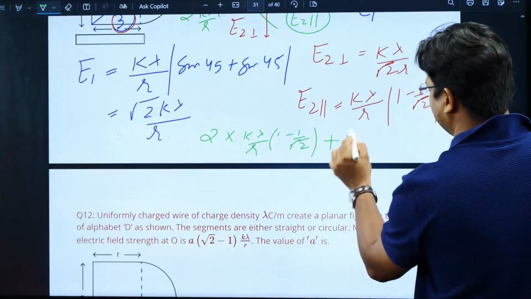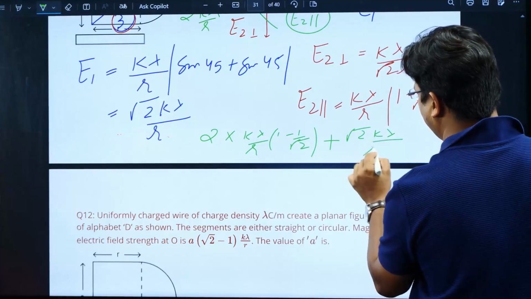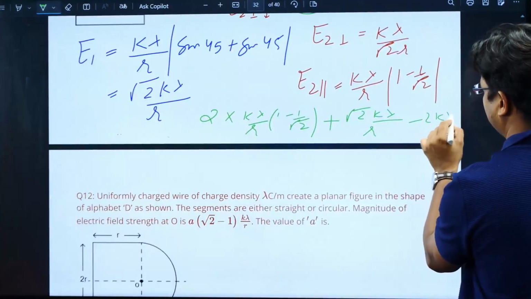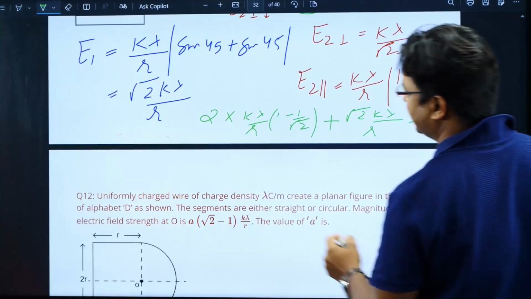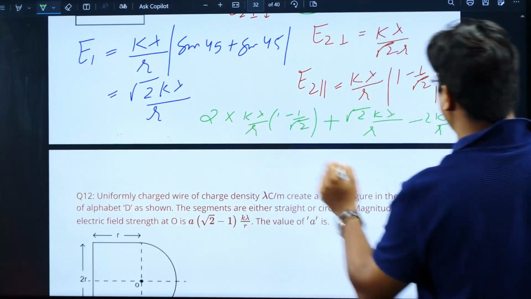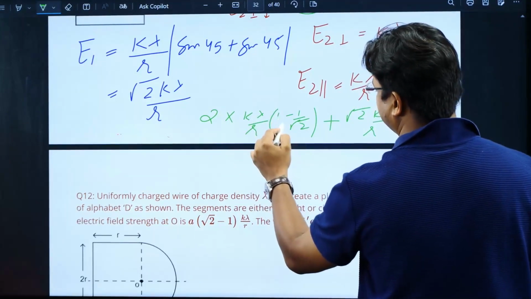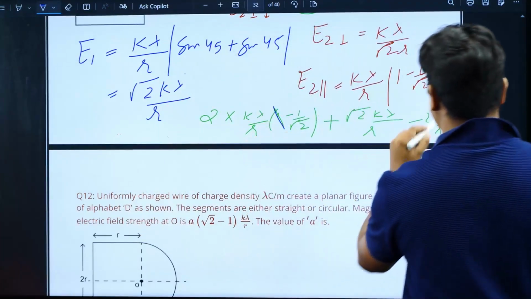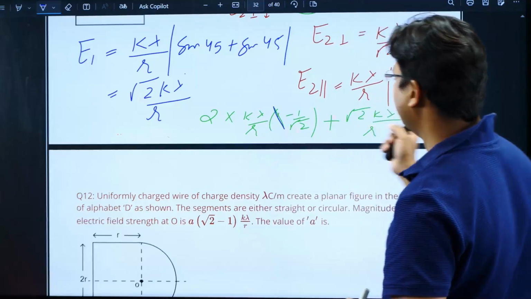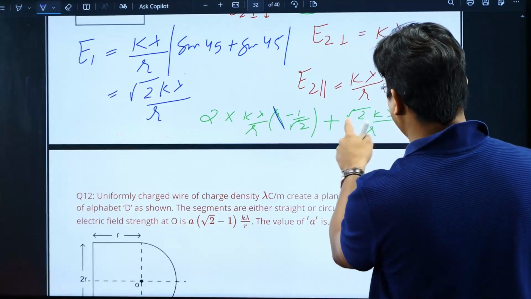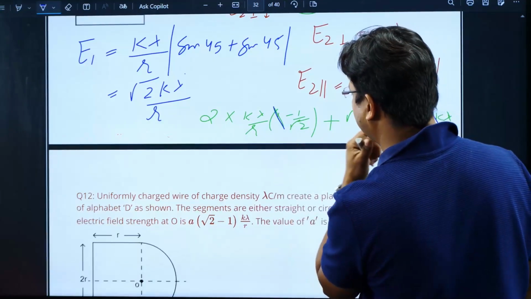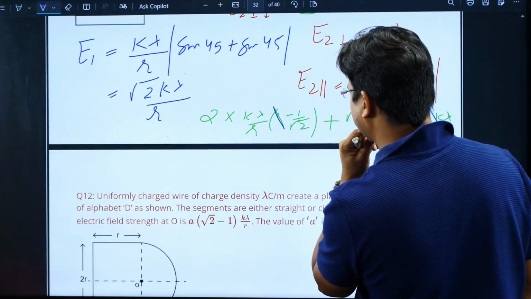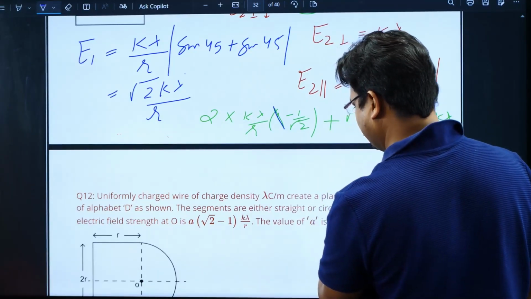E1 was root 2 k lambda by r, minus 2 k lambda by r. So let's finish this calculation. From here we are getting 2 k lambda by r minus 2 k lambda by r root 2... this 1 will get cancelled with this, 2 k lambda by r, and then we will have 2 k lambda by r and root 2. Okay, so we are getting a 0 here.